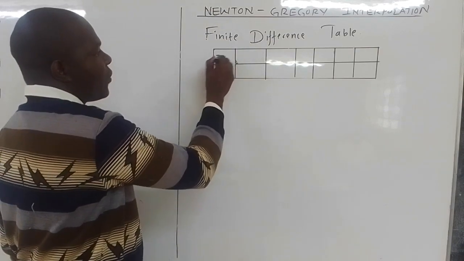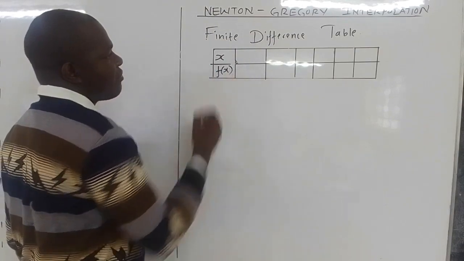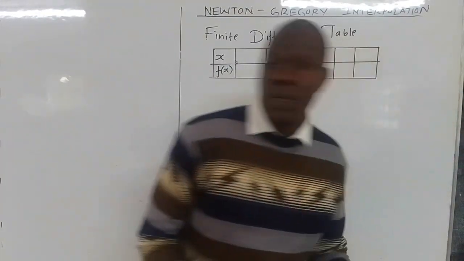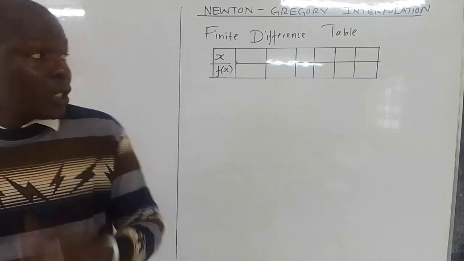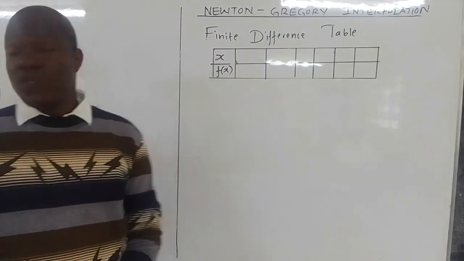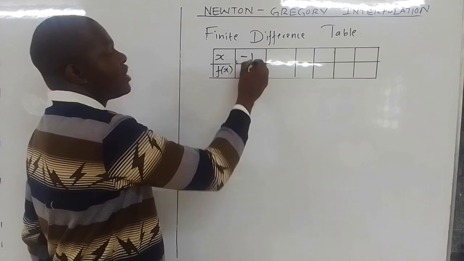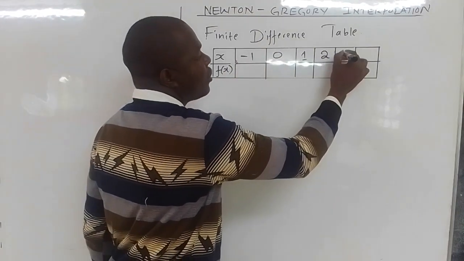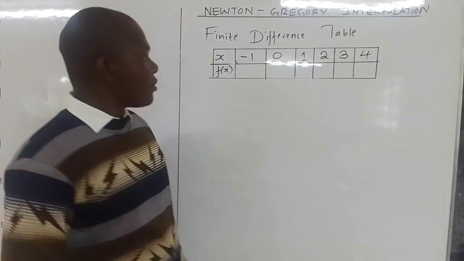So here we have x and f of x. You'll be told the x values maybe start from -1, 0, 1, 2, 3, 4.